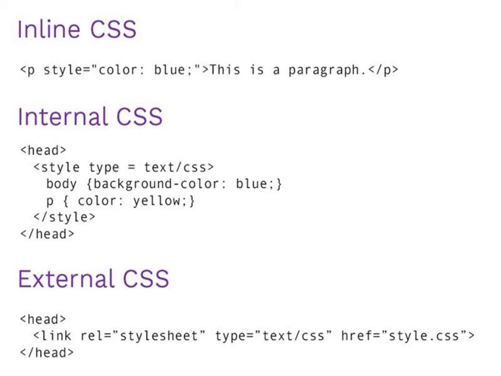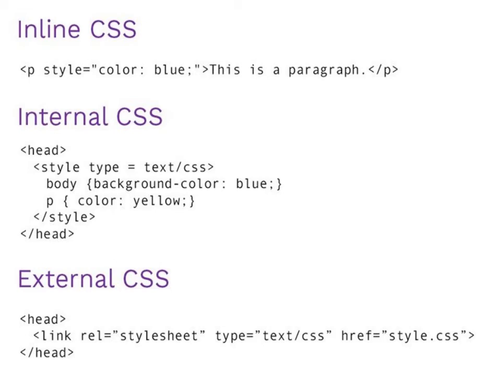But if you require to apply it along with the inline CSS, then the syntax should be like this. P space style is equal to, and the style declaration, it is the color and the blue.